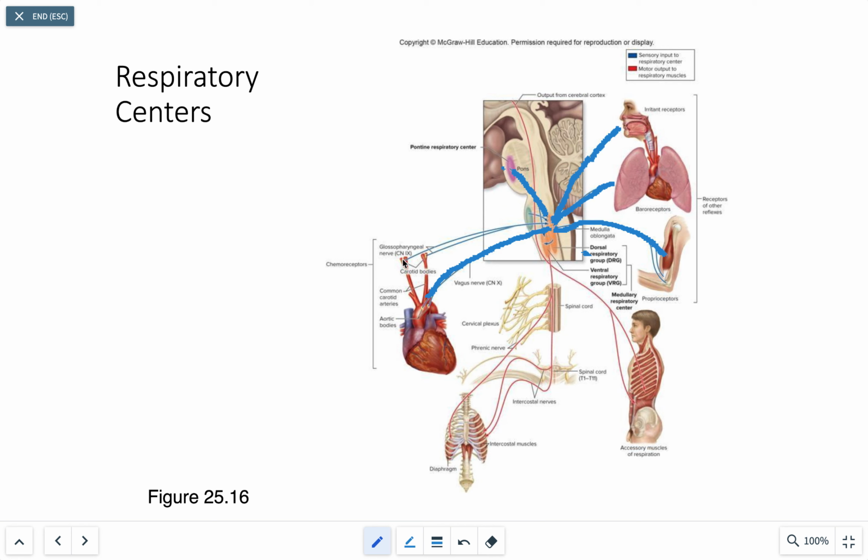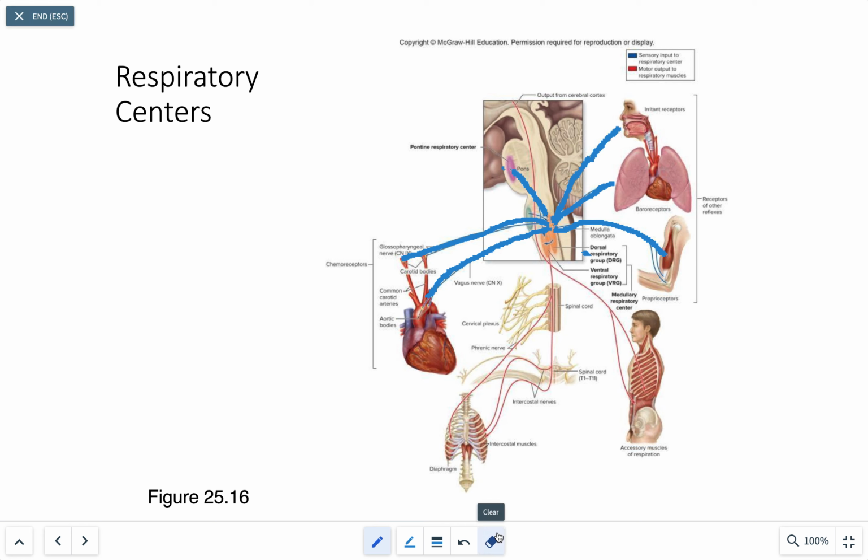We also have on the common carotid arteries, the glossopharyngeal nerve, which is also going to go into the dorsal respiratory group. So the dorsal respiratory group's job is to take all this information and eventually relay it into what is considered to be the ventral respiratory group.